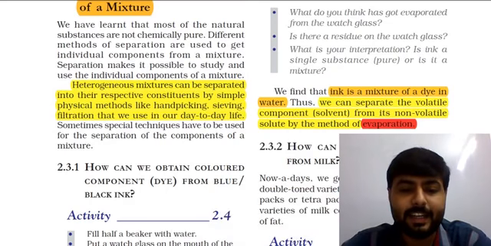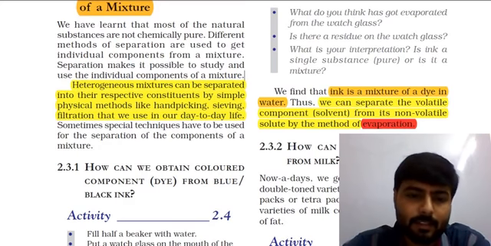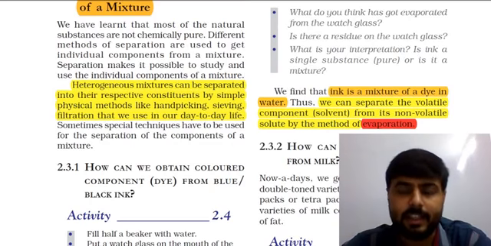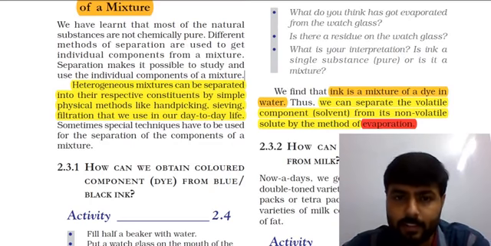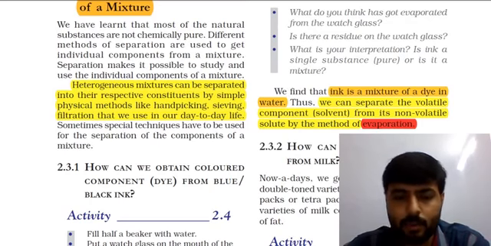Sometimes special techniques have to be used for separation of components of a mixture. But these simple methods like hand picking, sieving, filtration cannot always be used. We have to use some special technique to separate other kinds of mixture.